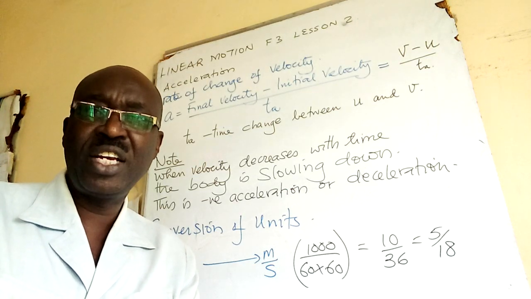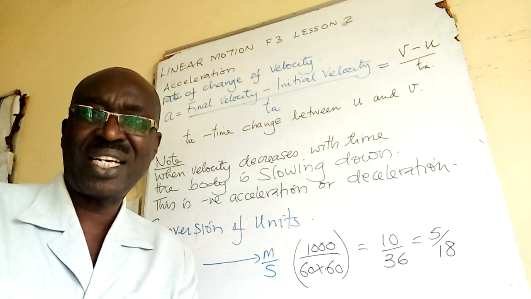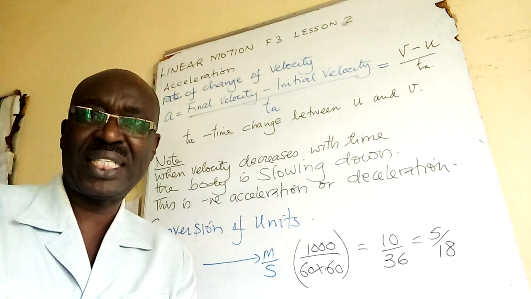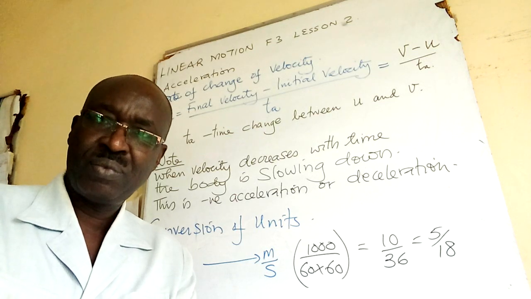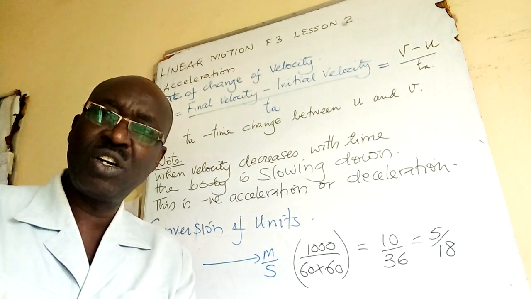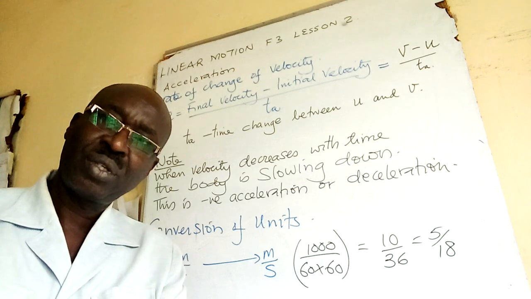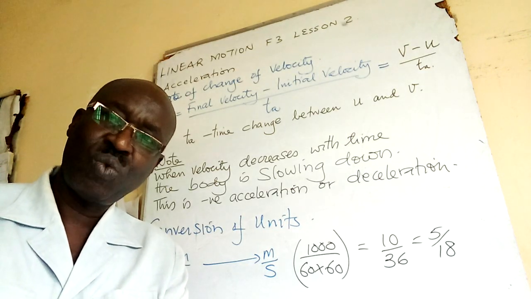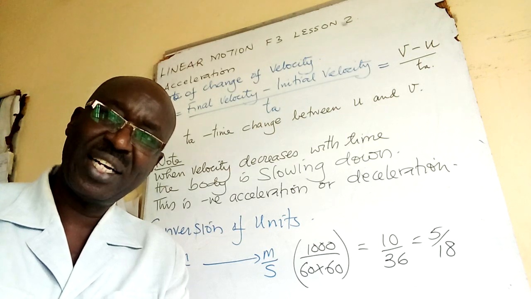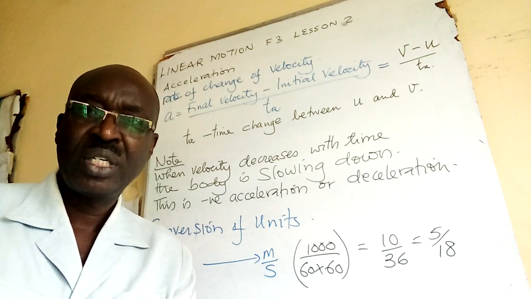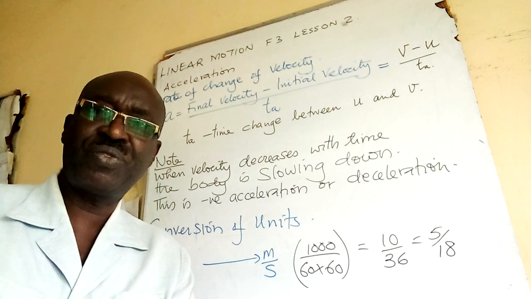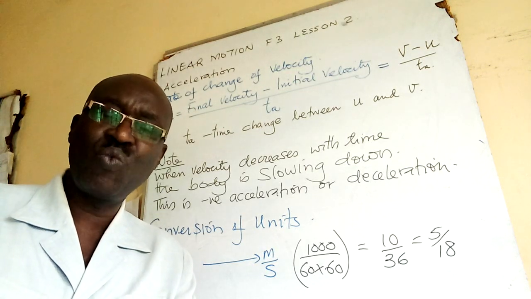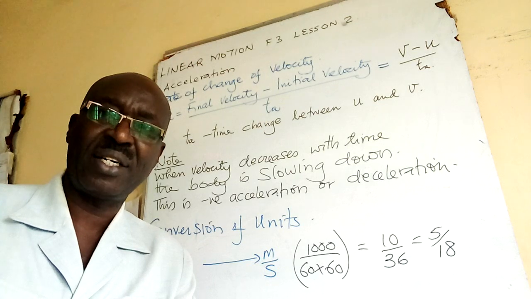So what is my V in this case? 30. What is my U? 60. So what is velocity change? 30 minus 60. What do you get? Negative 30. That change from U to V happened within 5 seconds.